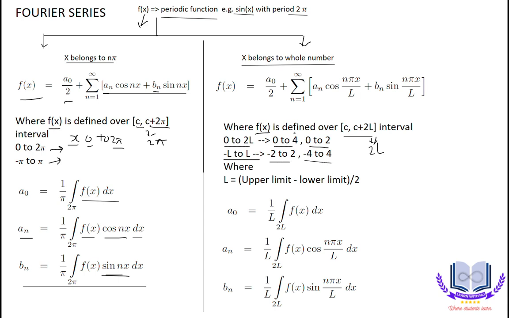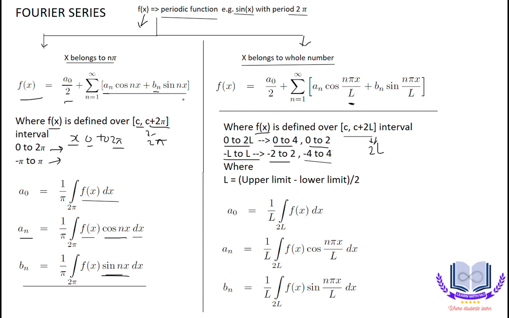So whenever we see a question where the value of x is in the form of a whole number, we use the formula f(x) = a naught by 2 plus summation over n equal to 1 to infinity of a n cos(n pi x by l). Here the extra term pi by l is included. Okay. And same for b n sin(n pi x by l).